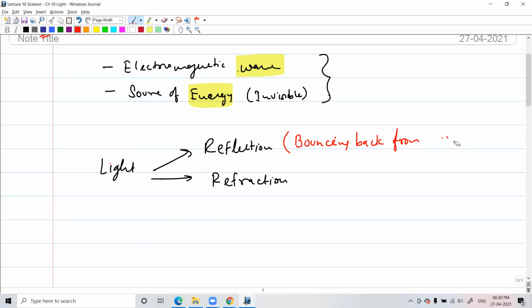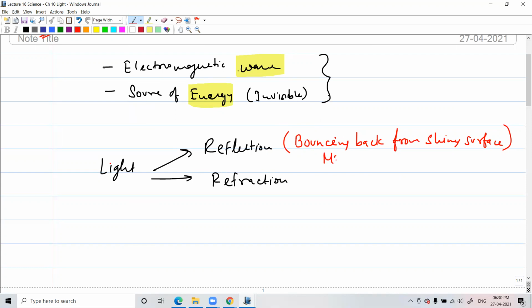Polished surface means something very shiny. It could be a mirror or any other shiny surface, like a metal which is very well polished. Any shiny surface, the light gets reflected or bounces back. So how it behaves in front of different things, we will study about that.